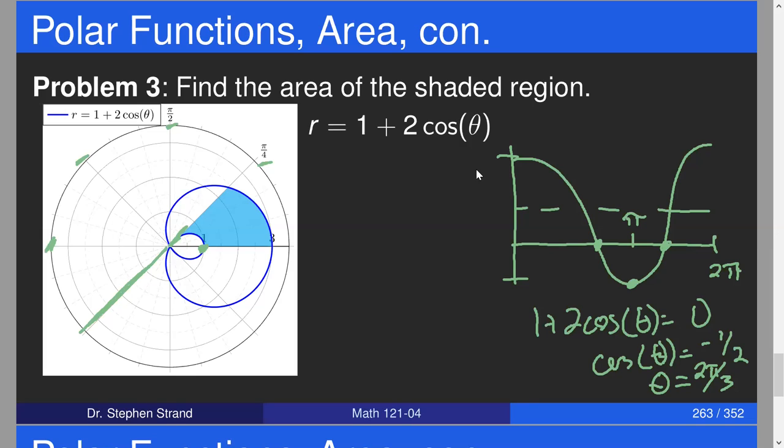So this is 5 pi over 4. Right, so at 5 pi over 4, we haven't gotten to 4 pi over 3 yet. So let's see, yeah. 5 pi over 4 is like right here somewhere. So the radius is still negative. And yeah, that's going to get us what we want to do.